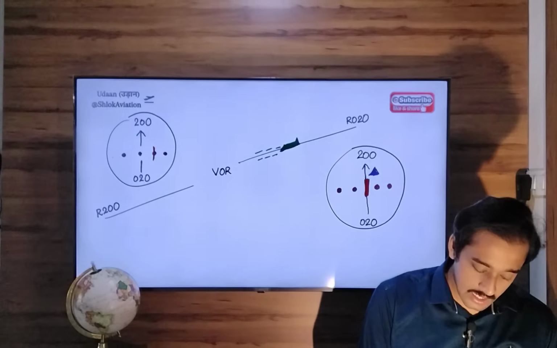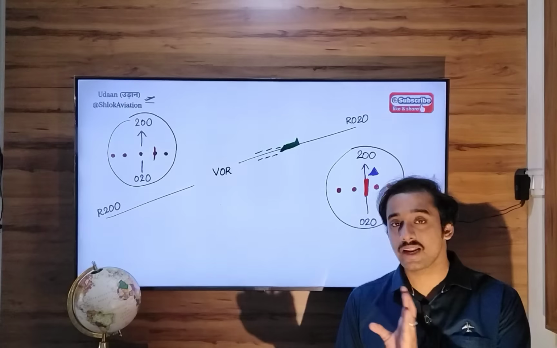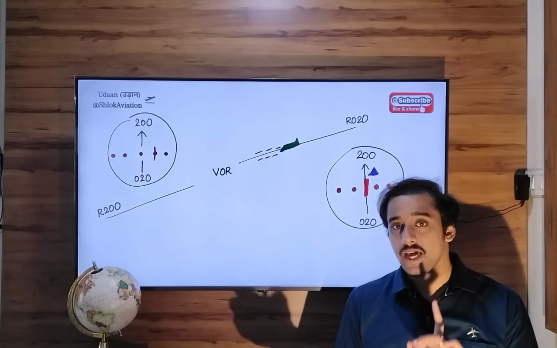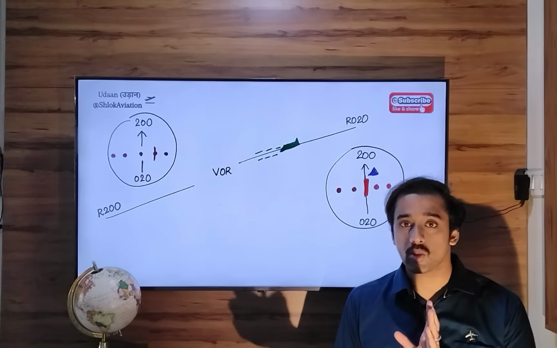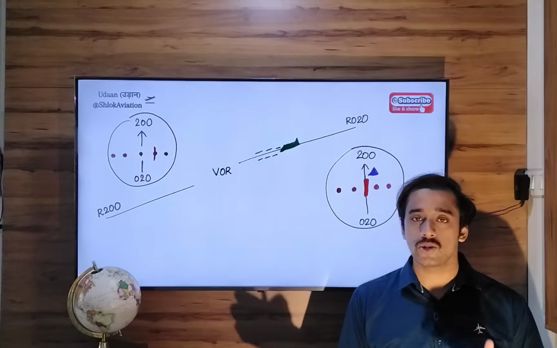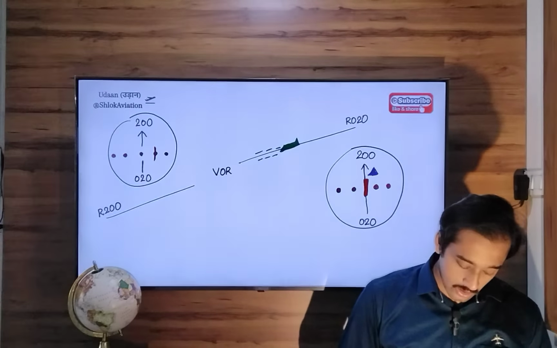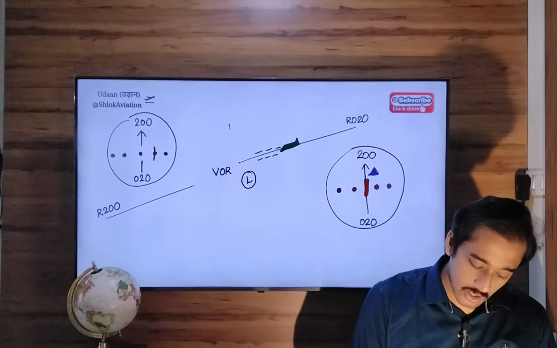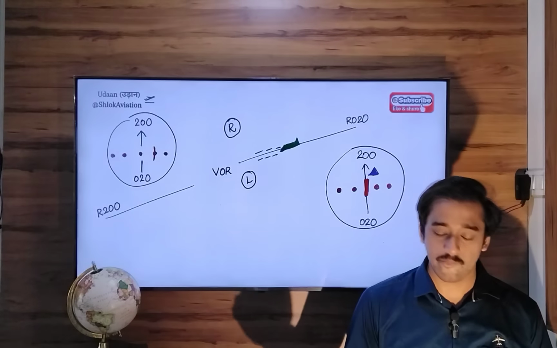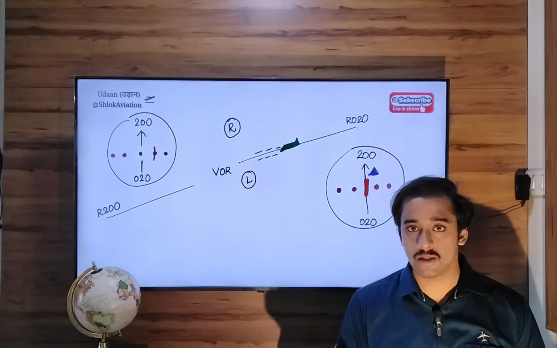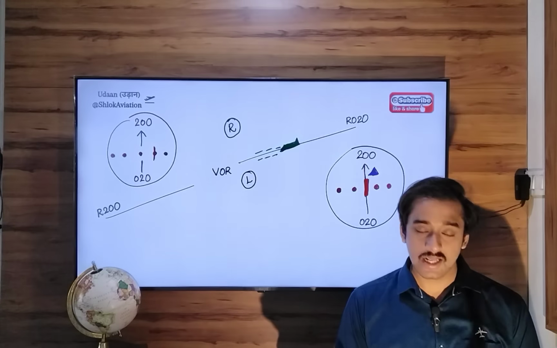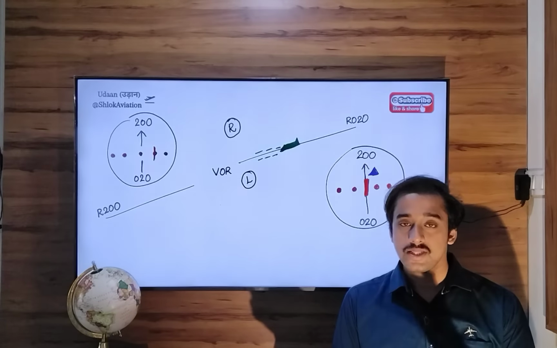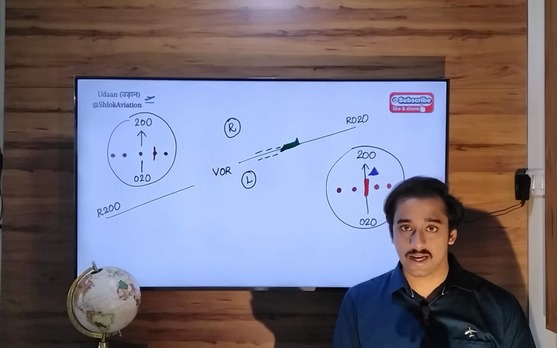So if the CDI needle is telling you to fly 5 degree right hand side, that means the aircraft has deviated from its original track 5 degree to the left hand side. Correct? Now going inbound, this will be your left hand side and that will be your right hand side. So if the needle is telling you to fly right, that means the aircraft has deviated left hand side.